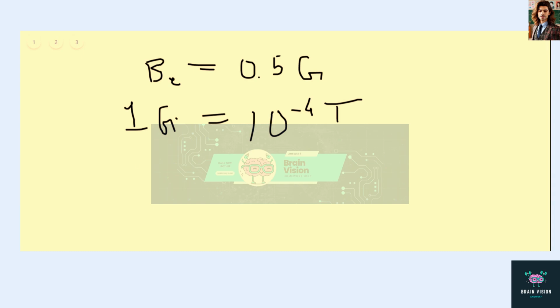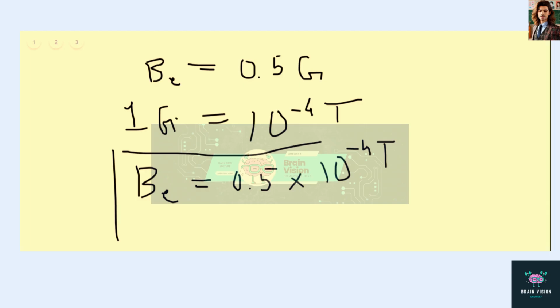So if I convert the Earth's magnetic field into the units of Tesla, I'm going to have 0.5 times 10 raised to negative 4 Tesla. So this is my Earth's magnetic field in terms of Tesla.